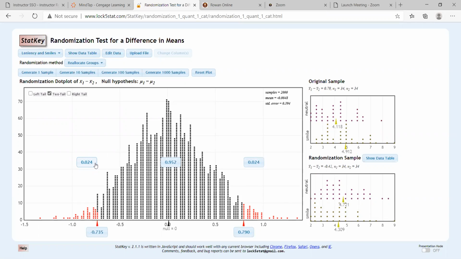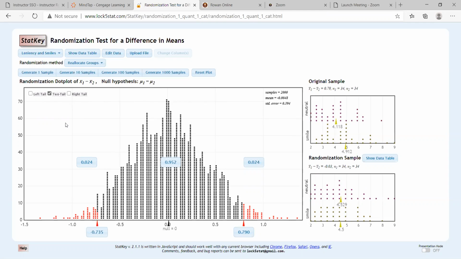So in our interpretation, we're going to say something like, at the 5% level of significance, there is enough evidence to reject the null hypothesis that the smile group and the neutral group have the same means, and we're going to say that there's enough evidence to say that their means are significantly different from each other. All right, that's what the two-tailed test would say.